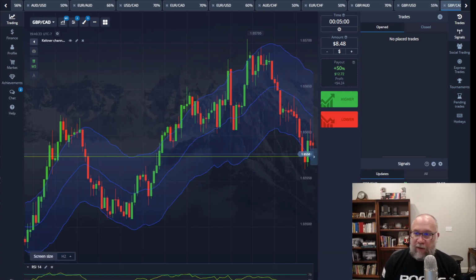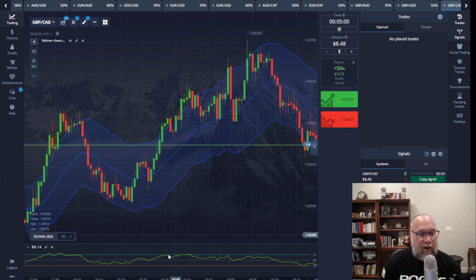Let me pull this up here. The RSI is down at the bottom; this top green line represents 70% and this line down here is 30%. Anytime this graph is above 70 or below 30, that's one of our data points. The other one is outside this blue Keltner channel. We're looking for something that closes outside, like right here on the upside.